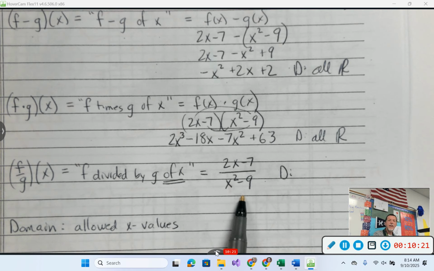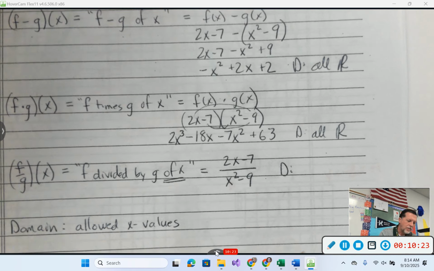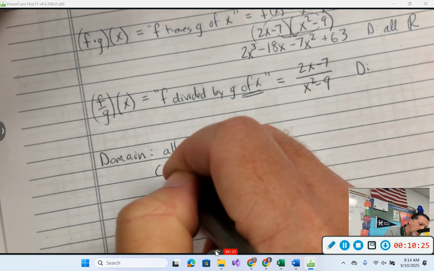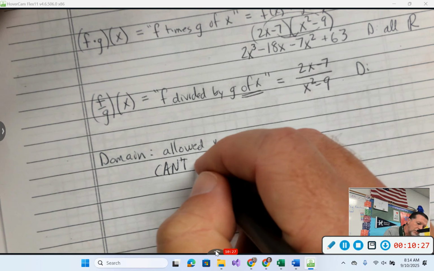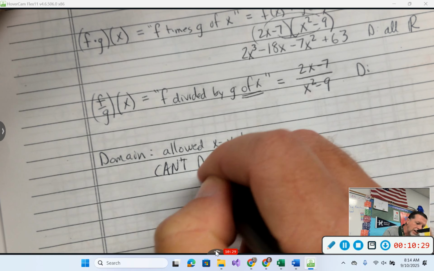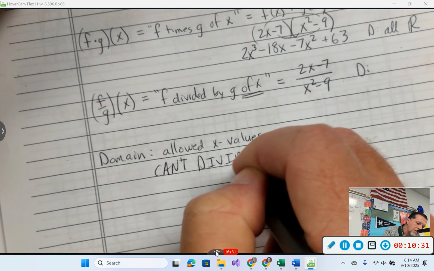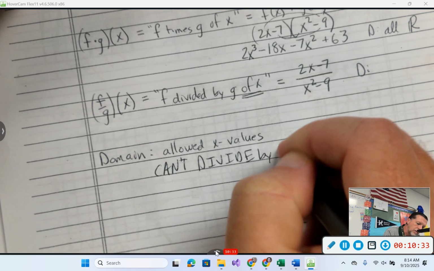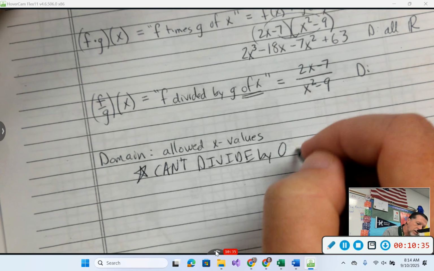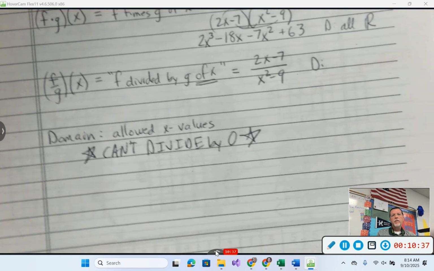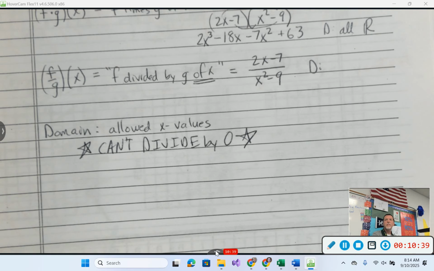I can't divide by 0. And so that's the only thing for domain that we're worried about today, is that you can't divide by 0. So if something would make your denominator 0, then you can't use it.